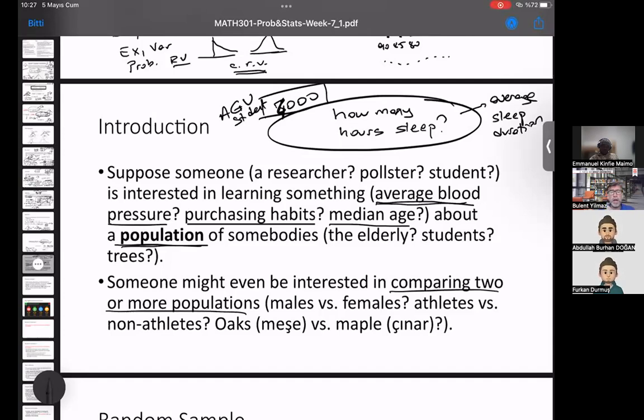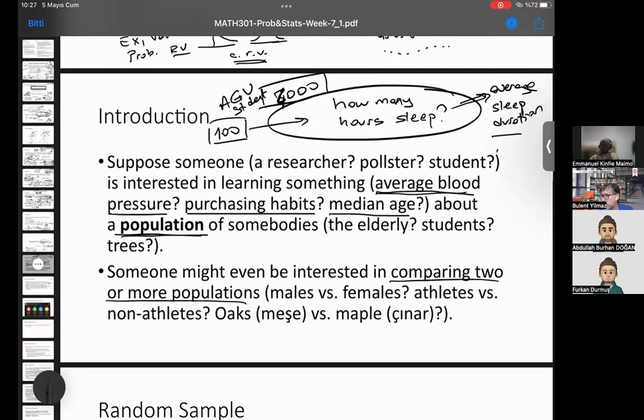I will not be able to have all students give me an answer to a survey that I prepared, but maybe I will work with only 100 students and obtain their answers from a survey. From that survey, I will be able to find the average sleep duration, and I can also say this is the sample mean and the sample deviation from this 100 student group.